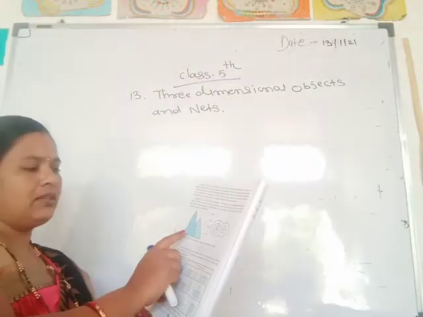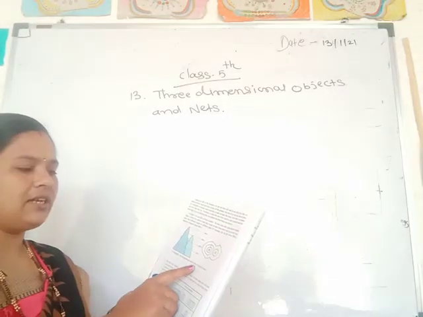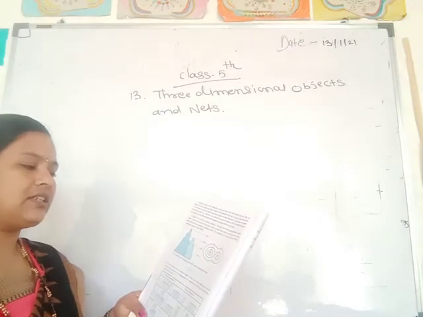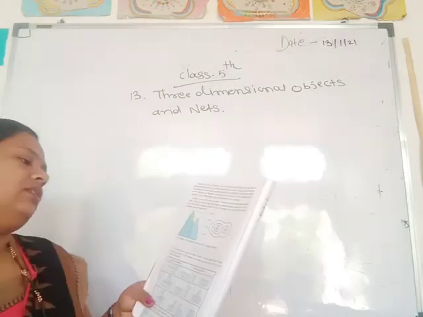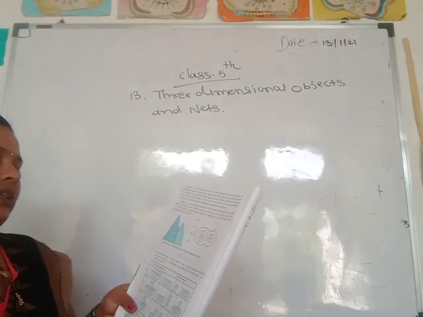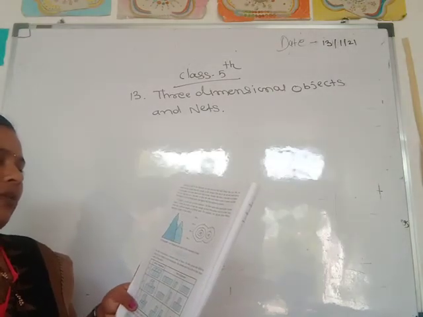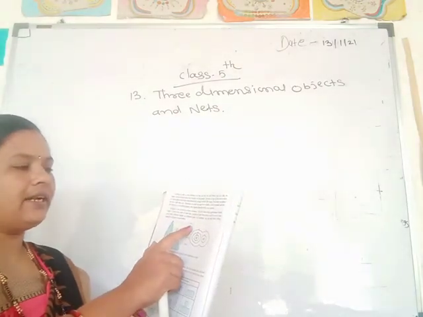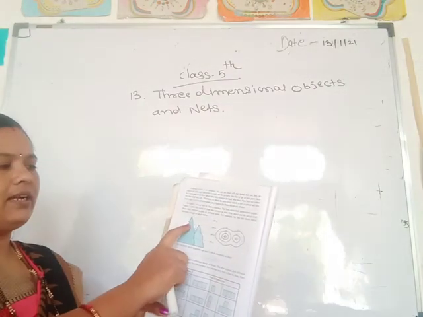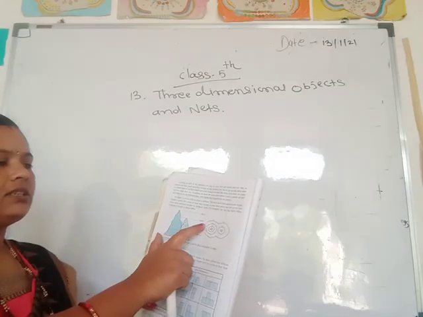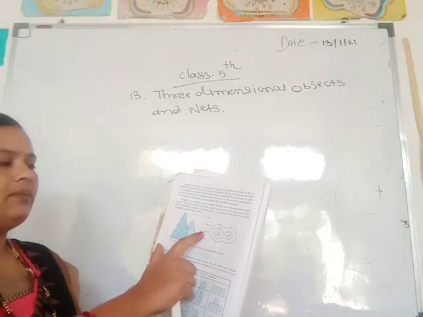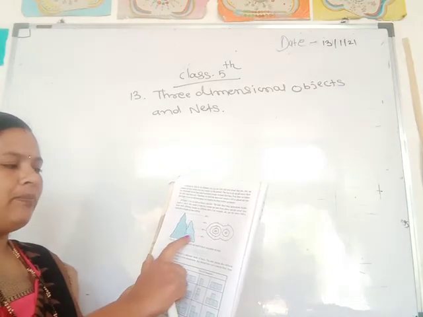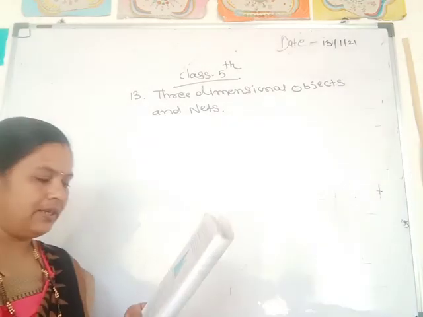In geography such diagrams are used to show mountains on maps. See the upper part of these hills here, 800 meters. Then the next part, 600 meters, then 400 meters, and the lower part, 200 meters.